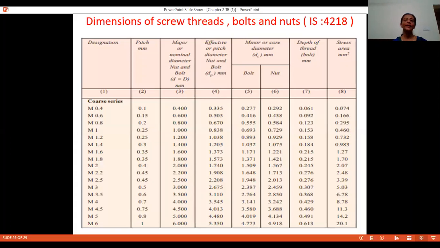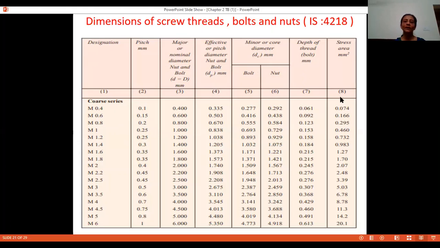Let us see how the tables are there in the industries. First column is indicating metric threads designation like M34, M12, M22, etc. Second column is giving pitch value in millimeter. Third column is giving the major diameter, that is DO. Then effective diameter, we write small d. Major or minor or core diameter of bolt is DC and nut is here in sixth column.